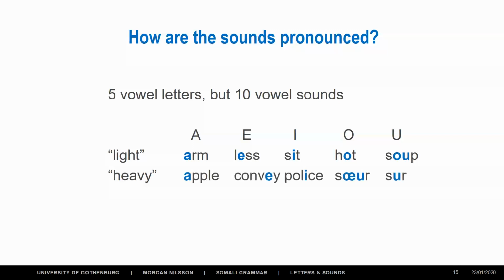And the heavy ones correspond approximately to the sound that can be heard in the English apple, convey, police, and then for the heavy O and U, there is no real sound that would be comparable in English, but instead in French, the eu in sœur and the u in sur are quite similar to the heavy Somali vowels.